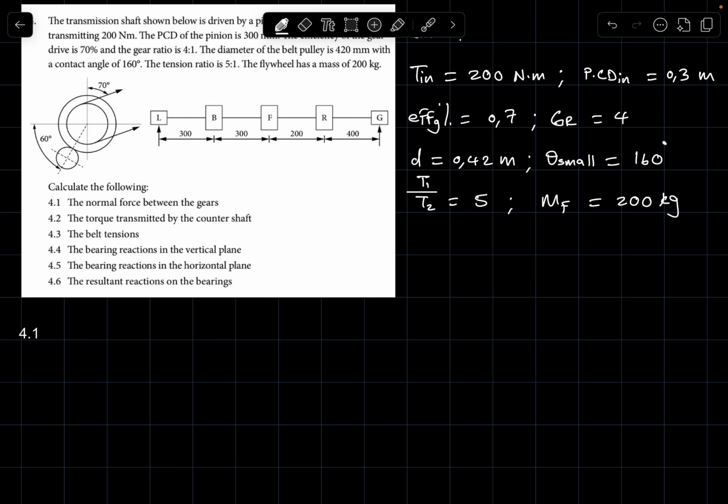There are a number of ways to calculate the normal force, but whatever you calculate will always be based on the information that you've been given. Here you are given the input torque as well as the PCD of the input gear, the pinion.